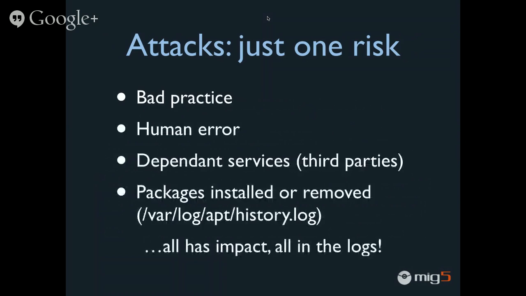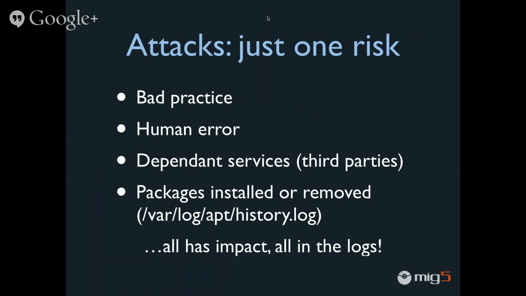But attacks are just one form of risk, and that's really what most of this talk is going to be about. There's intrusions, there's hacks and so on, but there's also other types of risk which can be perhaps just as bad. Bad practice, pushing bad code, for example, human error.